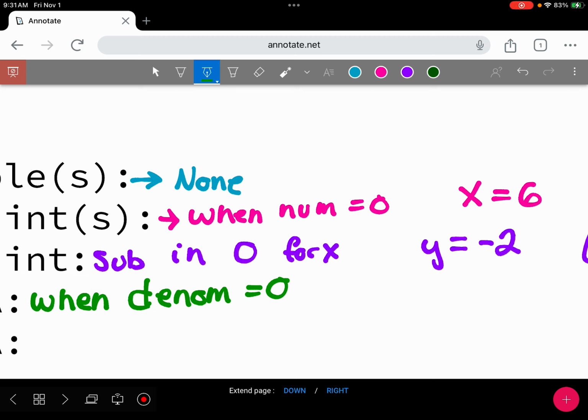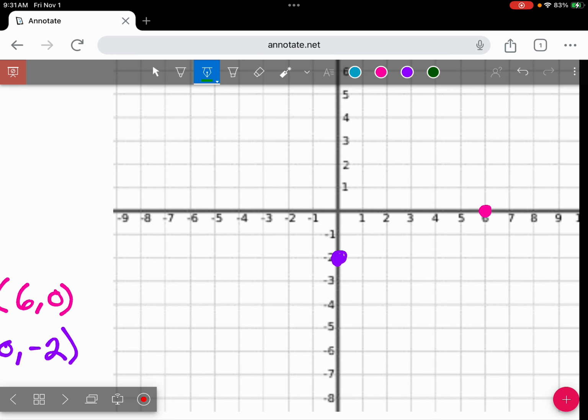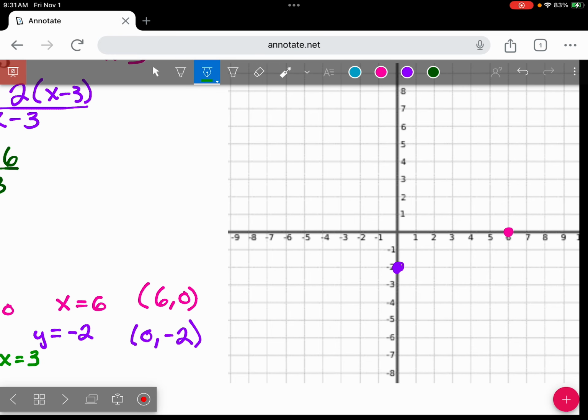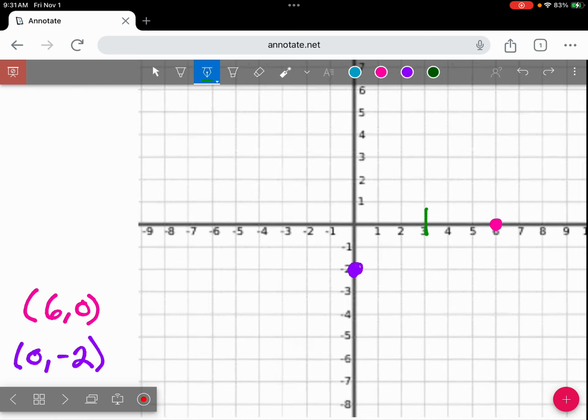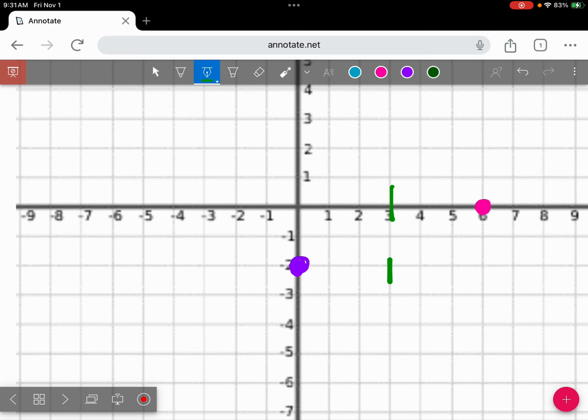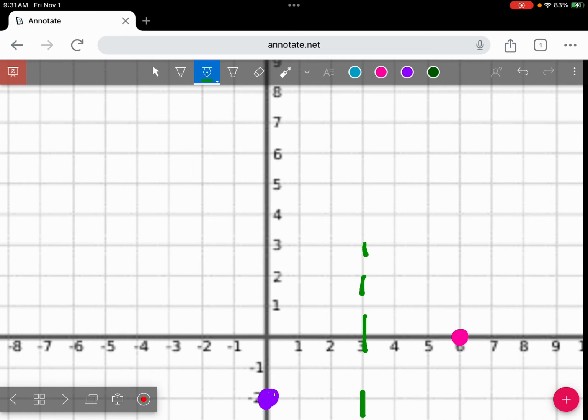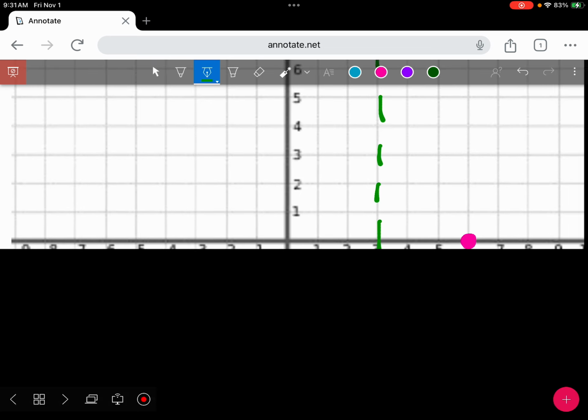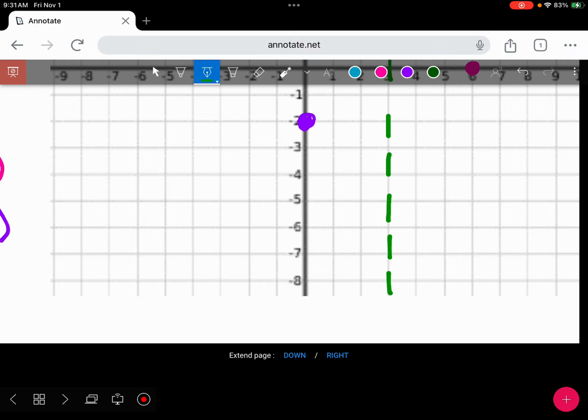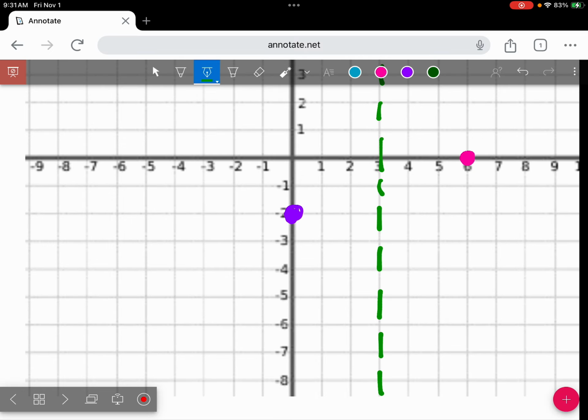So our denominator equals 0 when x equals 3. So our vertical asymptote is going to happen at 3. So when we draw that on the graph, that's when we get our dotted line. It's going to look kind of like that.